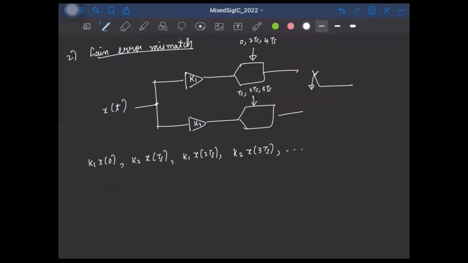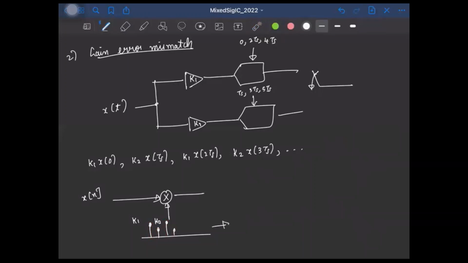Right? Now, this sequence can be modeled as having the ideal sequence x of n getting multiplied by a sequence which is looking like this, right? K1, K2. Okay. So again, this sequence comprising of K1, K2, that is a periodic sequence with a period 2.